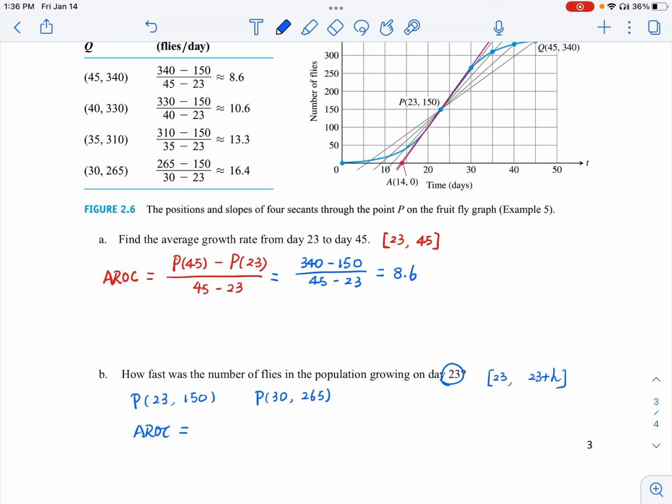That should be 265 minus 150 divided by 30 minus 23. We can use the answer from here, which is 16.4. This is just an approximate value. We're supposed to figure out a point much closer to day 23, but the only available one is day 30 over here.